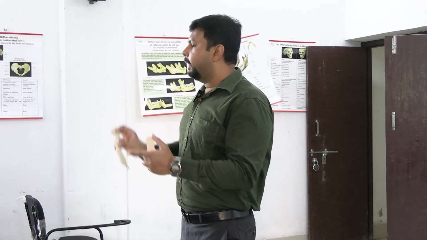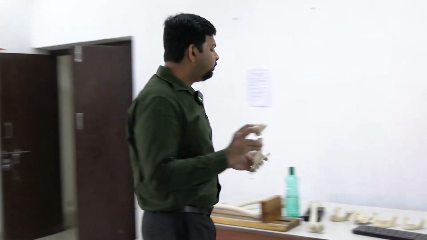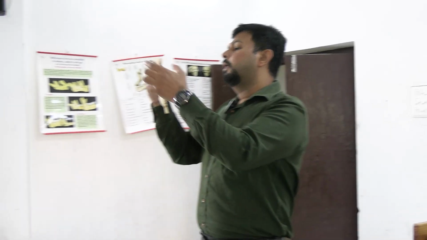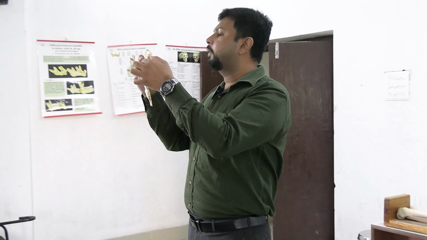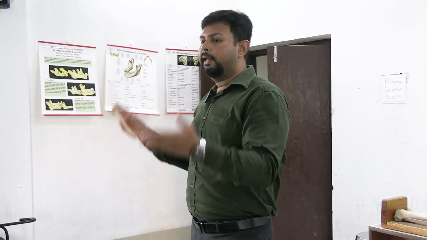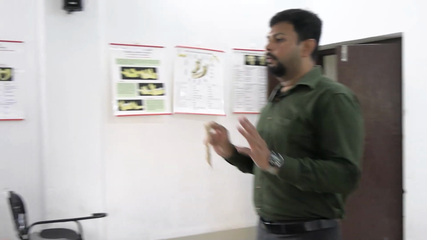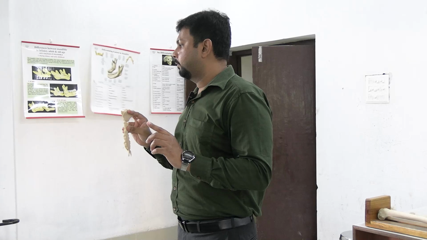So we have to remember the appearance and fusion. First, the first ossification center appears in the manubrium at 5 months of intrauterine life.